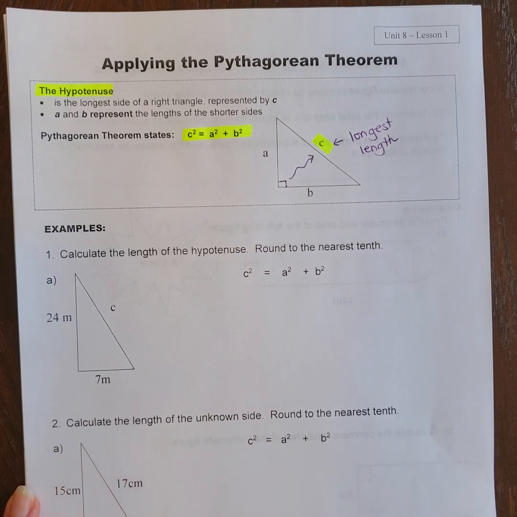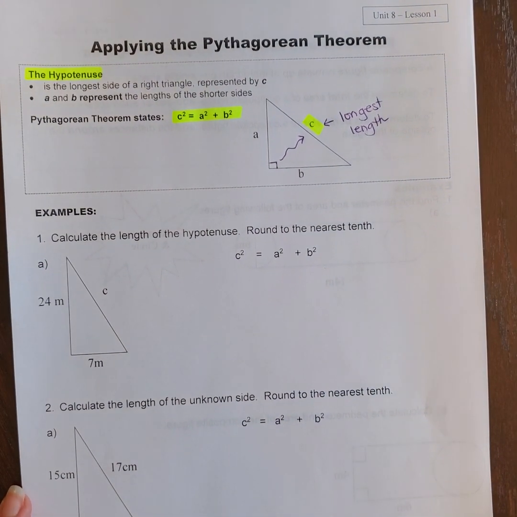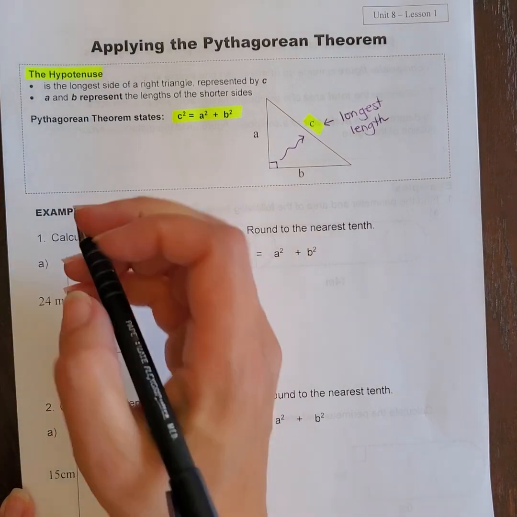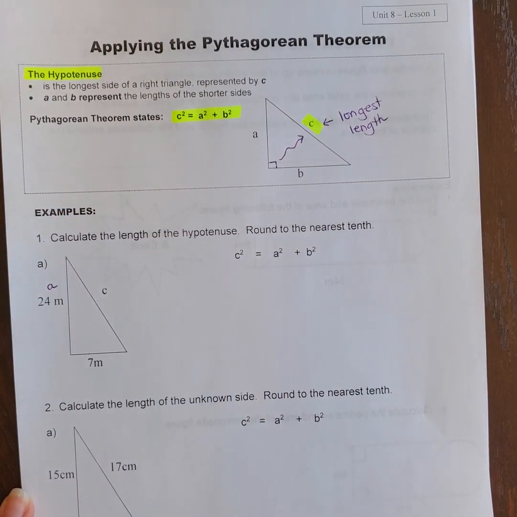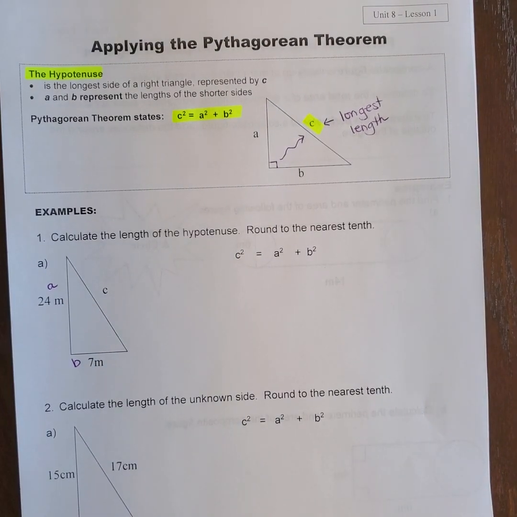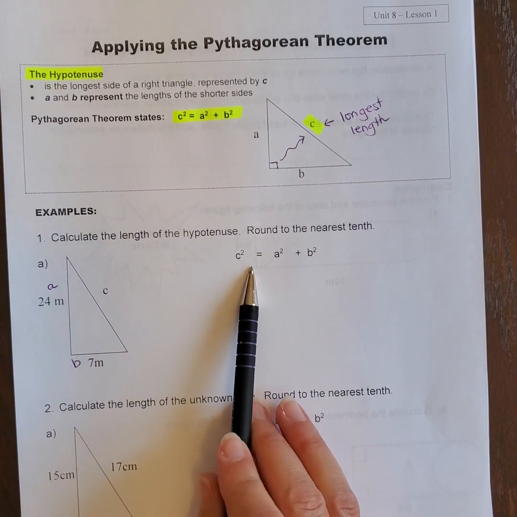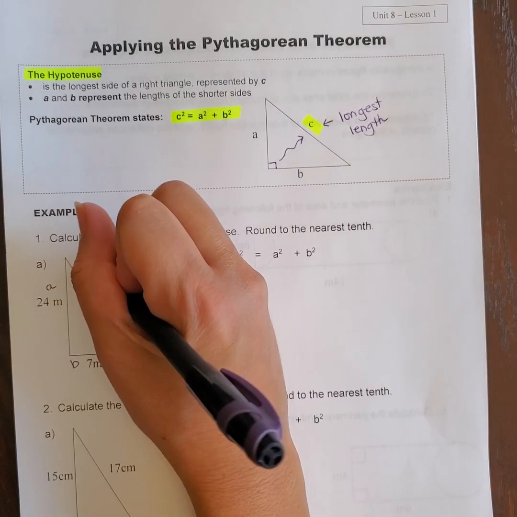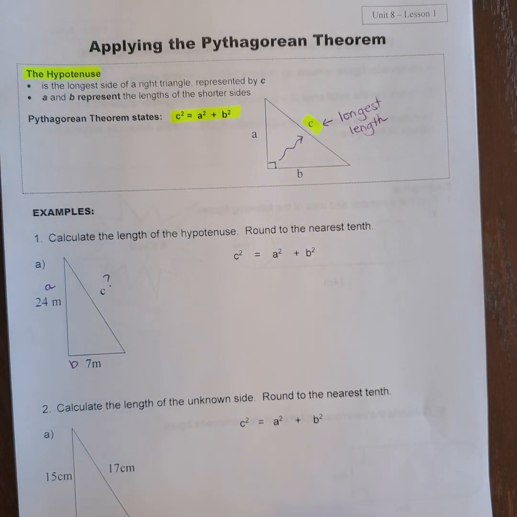We're given a triangle with side lengths 24 and 7, and we are looking for the hypotenuse. I'm going to let 24 be A, and B is going to be 7 meters. Then I'm simply going to plug it into my equation. C is my unknown, so I'm going to put a little question mark there.